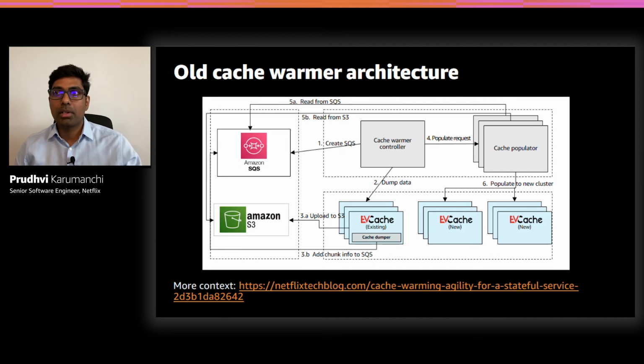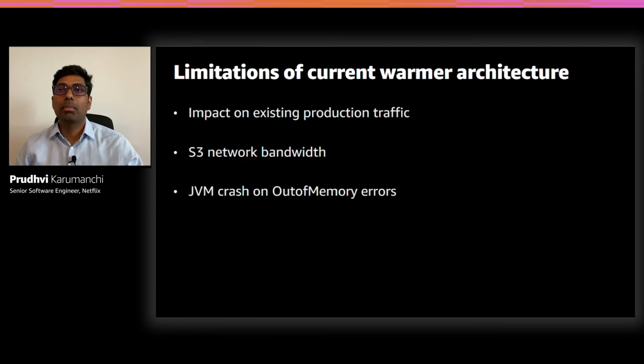But in the past 2 years, EVCache as a service has also grown significantly in terms of data footprint. So we started hitting some bottlenecks with the existing warmer architecture. The first one is we started to see some impact on the production traffic, thereby increasing the latencies. Also, the S3 network bandwidth, from time to time, was contending with the client traffic.